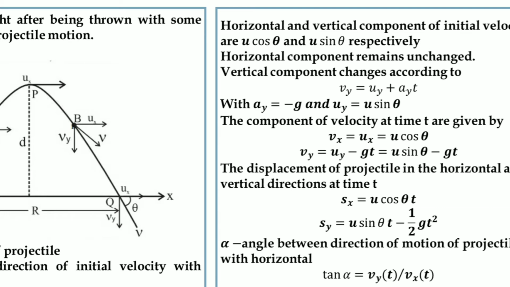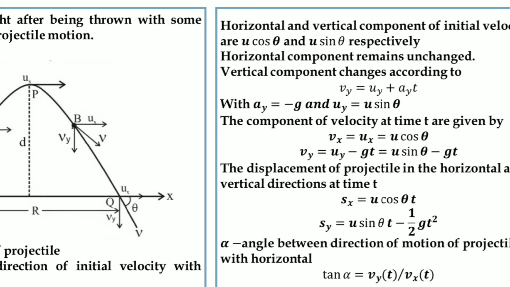It is because we have thrown the object in the air, so acceleration due to gravity will pull it down. The velocity and the direction of acceleration due to gravity are acting opposite, you can see. So Ay is equal to minus g and Uy is equal to u sin theta.